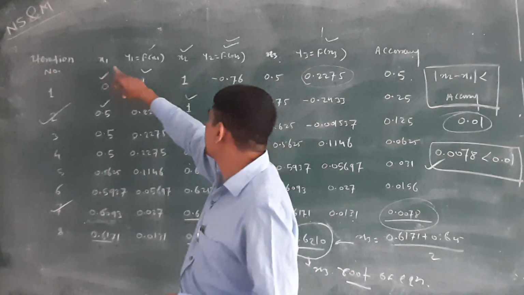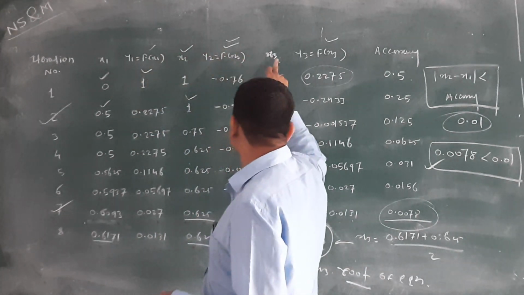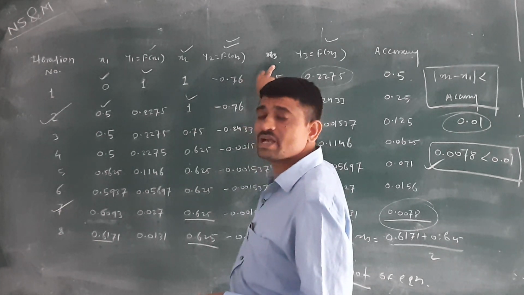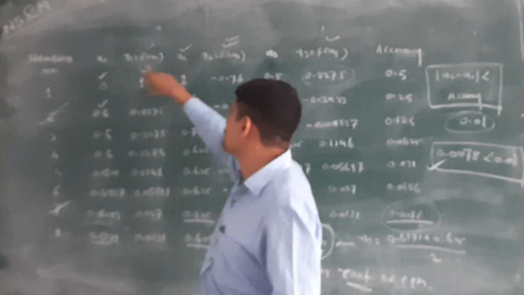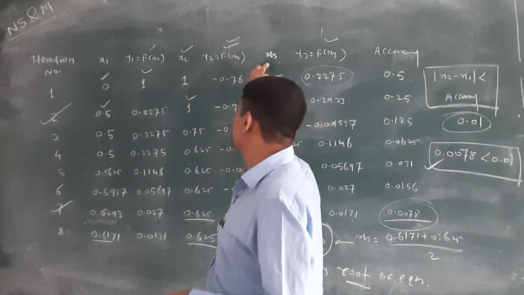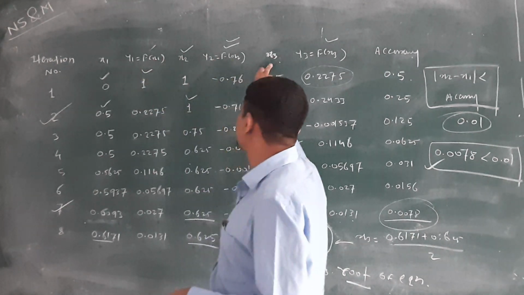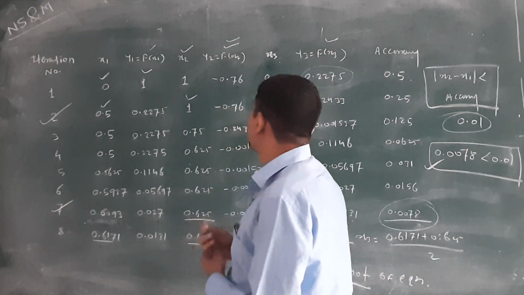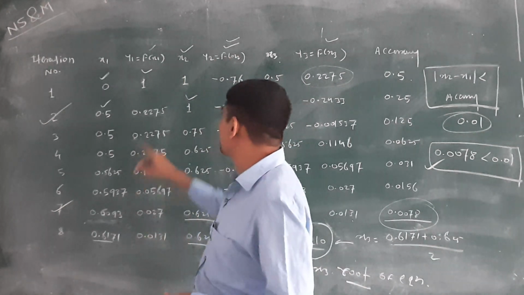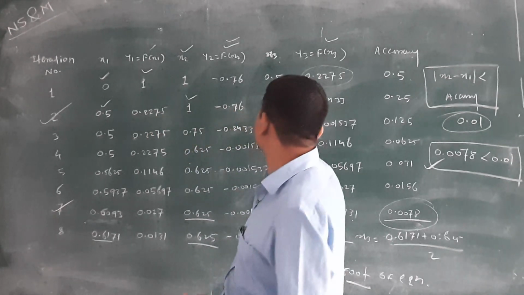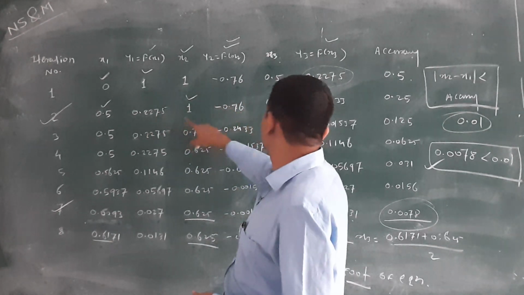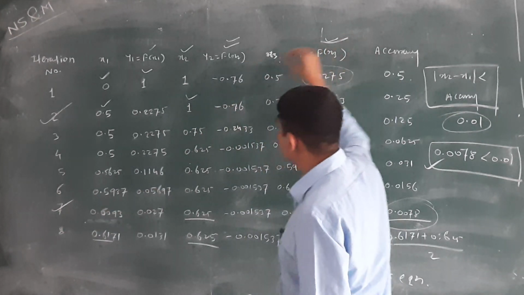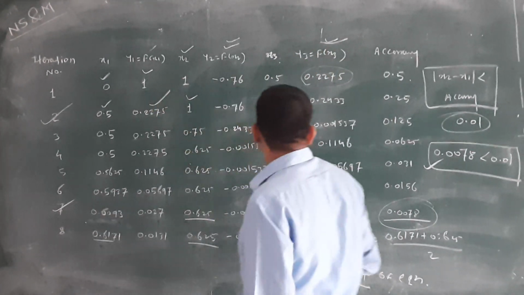Suppose x1 and x3 have the same sign, then you can replace x1 by x3, or you can write x1 is equal to x3 and f of x1 is equal to f of x3. That thing you have to write here. That's why here you will get the same value. Check that y3 is equal to y1.